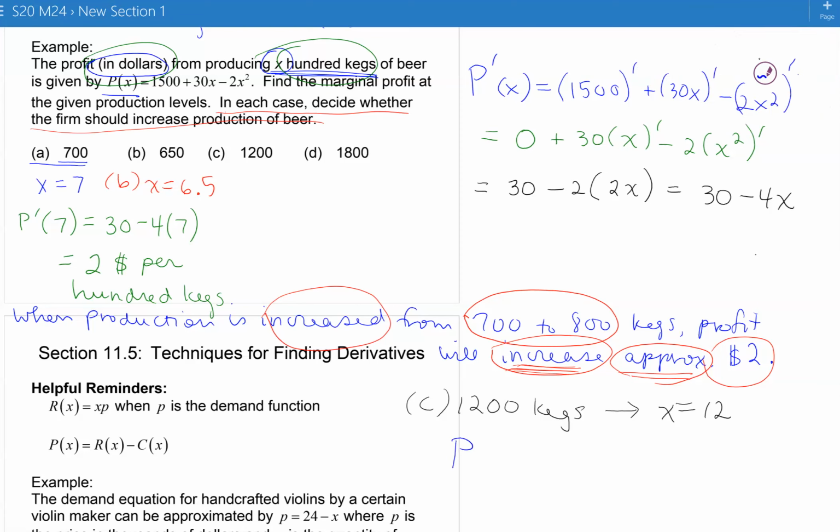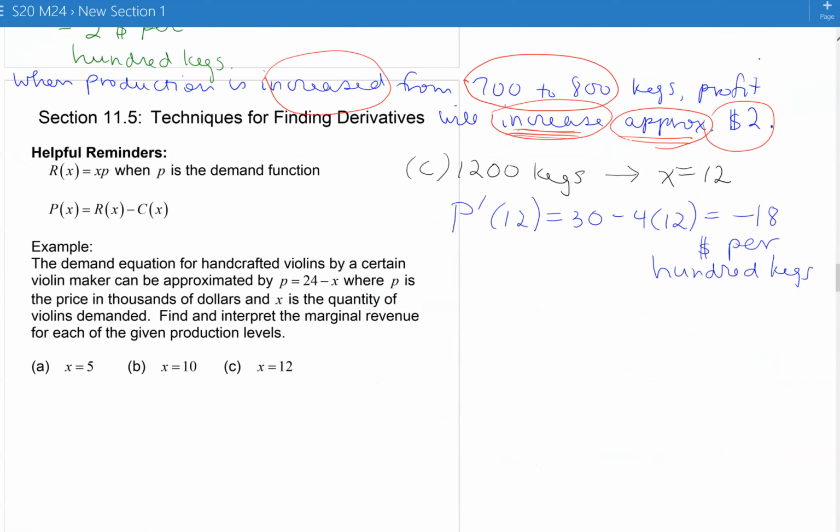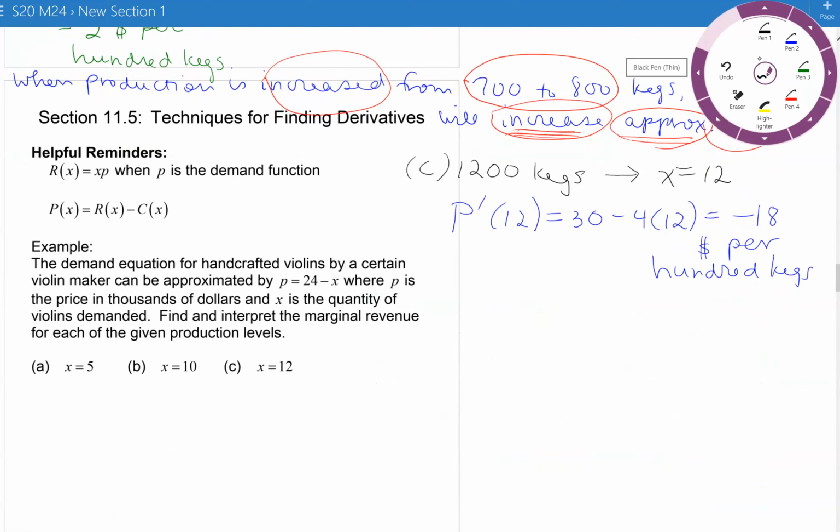And I want p prime of 12. And that's 30 minus 4 times 12. So 30 minus 48 is negative 18. And this is still dollars per 100 kegs. So let's see if we can interpret this one.